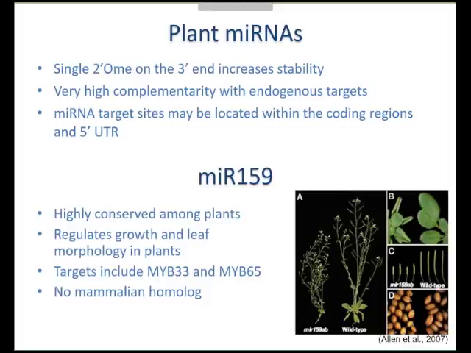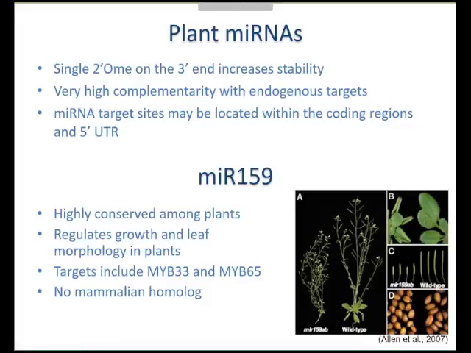We also did a little research on the function of miR-159 in plants, and we found this is a highly conserved microRNA in plants, and its function includes regulation of growth and leaf morphology. As you can see here, plants with miR-159 knockout have abnormal leaf morphology, and they're also shorter than the wild type.